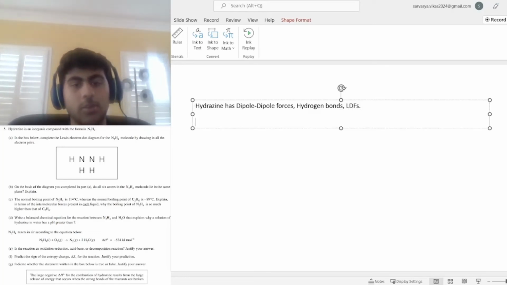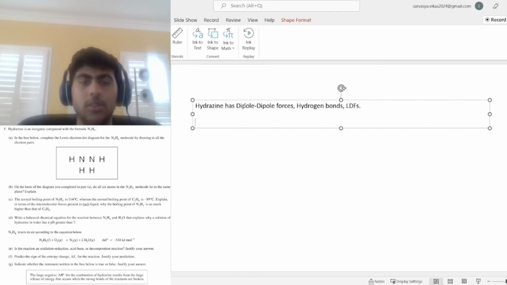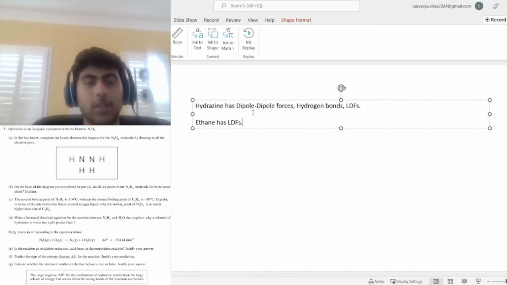the C2H6, which is called ethane, I think. I'm not completely certain on that, but we're just going to call it that for now. Ethane has London dispersion forces. That's it, right? Because it's nonpolar, so it has C and H bonds, which are nonpolar, so it's not going to have dipole forces and not have hydrogen bonds.